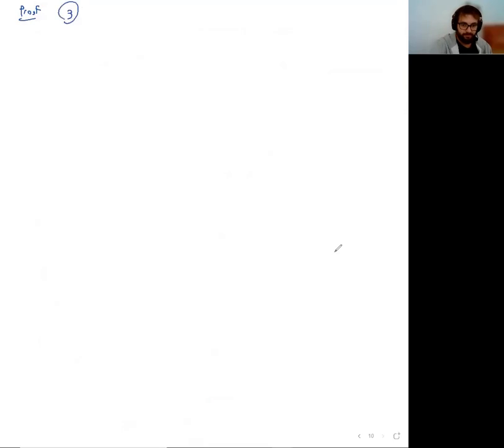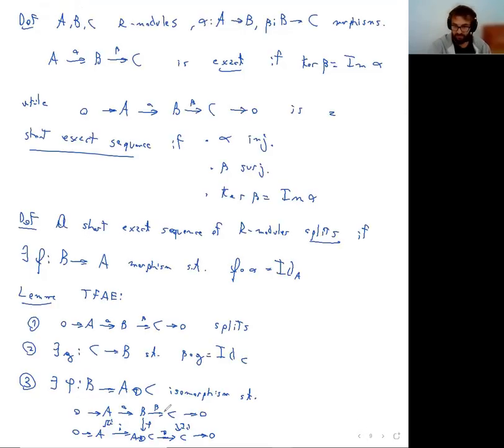If we have 3, which was this one, of course you have both 1 and 2. Because you can just take this F to be phi composed with the projection to the first factor.